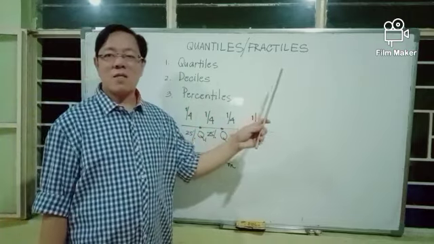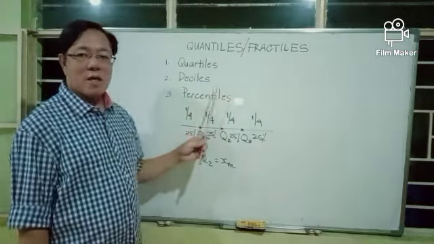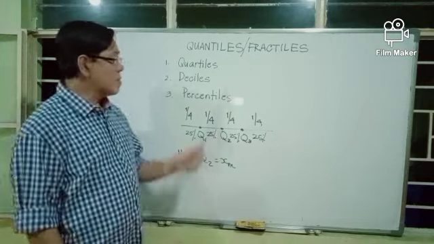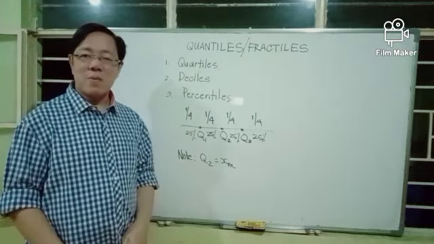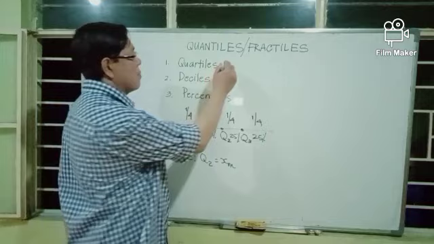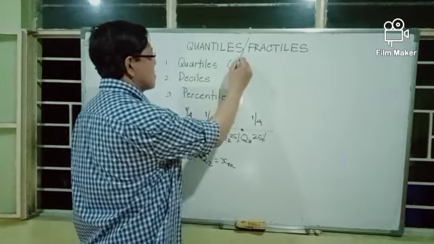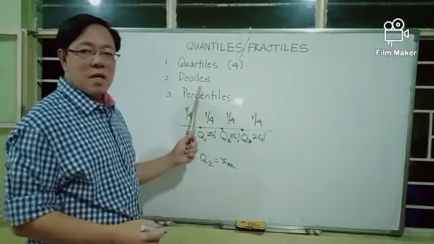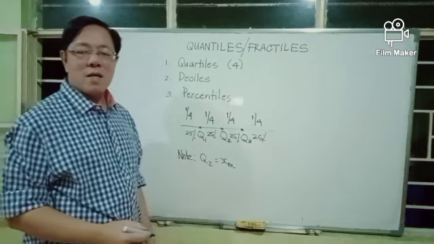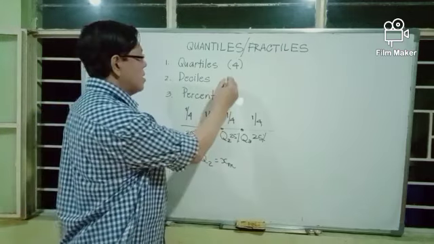The second type of quantiles are the deciles. The quartiles divide a set of data into 4 equal parts, while the deciles divide a set of data into 10 equal parts.